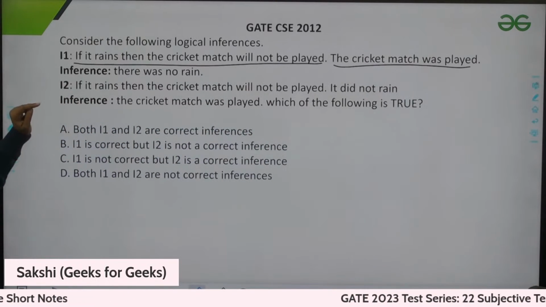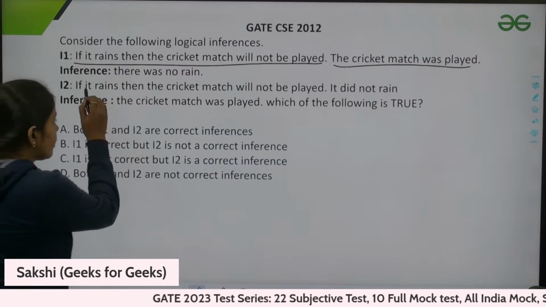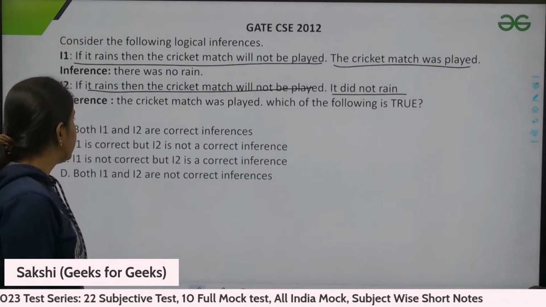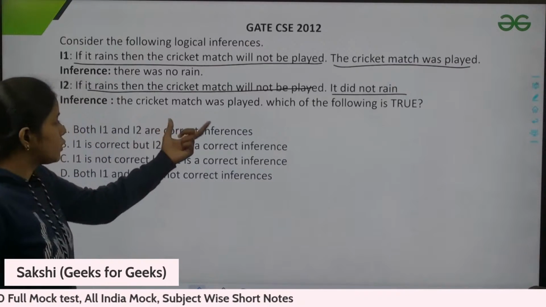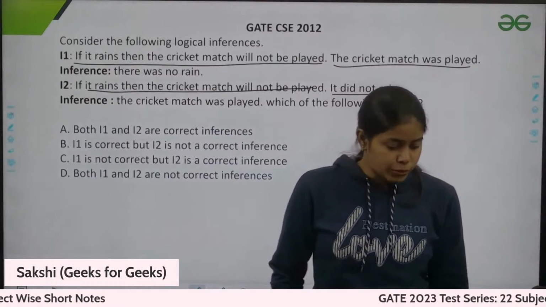In I2, it says that if it rains, then the cricket match will not be played. Again two premises, and the second one is it did not rain. The conclusion or inference from there is the cricket match was played. We have to tell which of the following options is true.